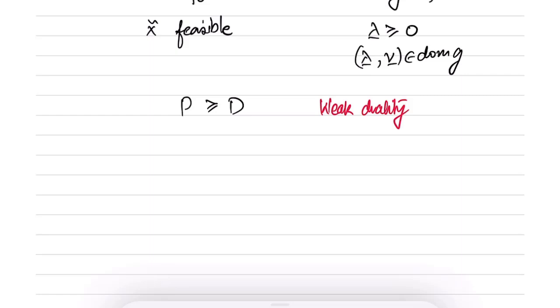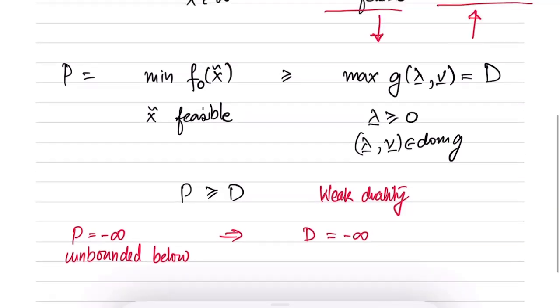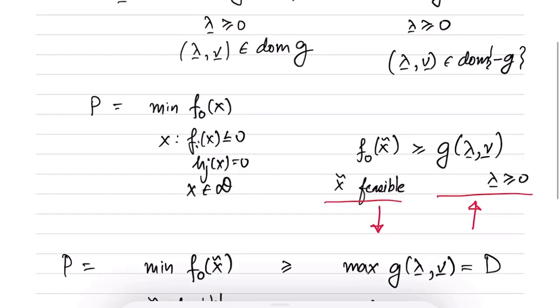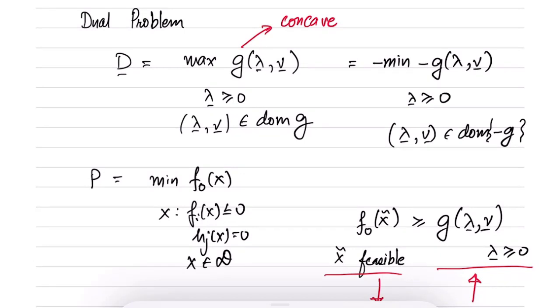So for instance, consider that p equal to minus infinity, right? When p equal to minus infinity, we said that the problem is unbounded below. So what does it mean for minus infinity to be greater than or equal to d? This implies that d is equal to minus infinity. Remember that d is a maximization problem, or you could say that the corresponding minimization problem is the minus of this.